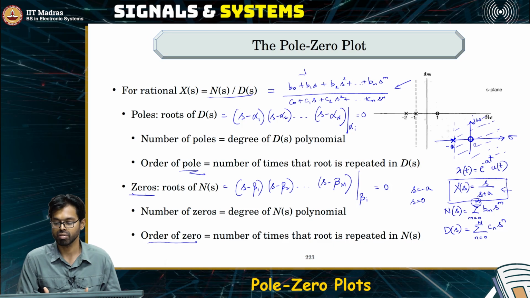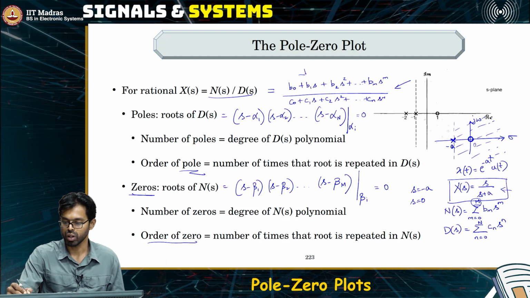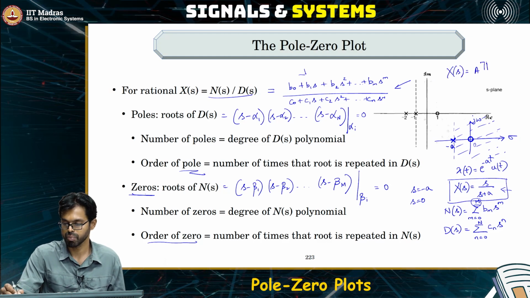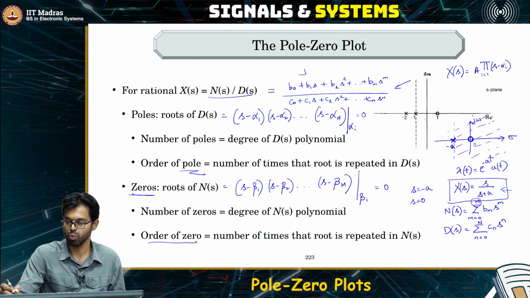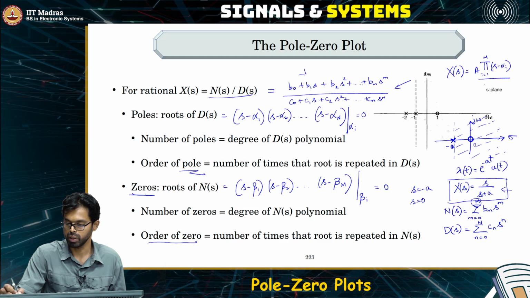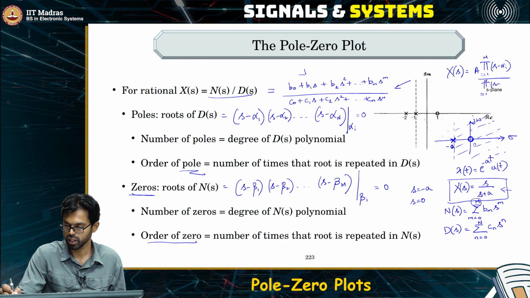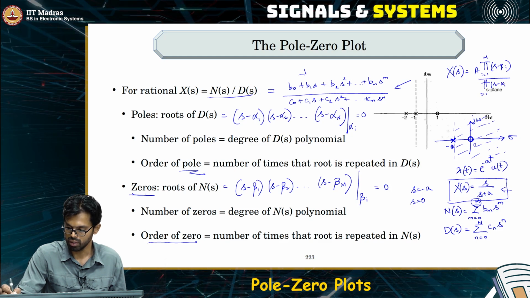If somebody gives you a plot with the poles and zeros plotted, and then they also give you a constant factor, then you can completely characterize a Laplace transform. So what is x of s? You can write x of s as some constant a times the product of s minus beta i, where i runs from 1 to m, divided by the product of s minus alpha i, i from 1 to n.